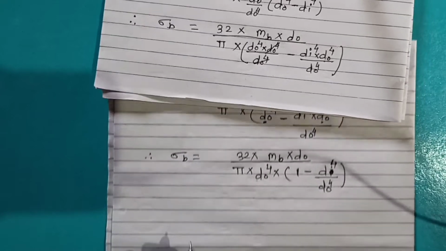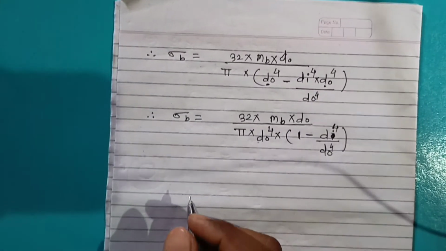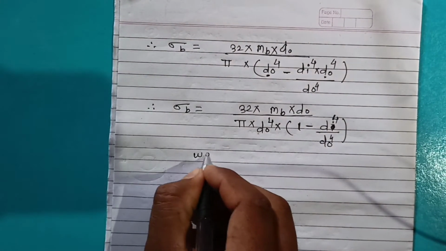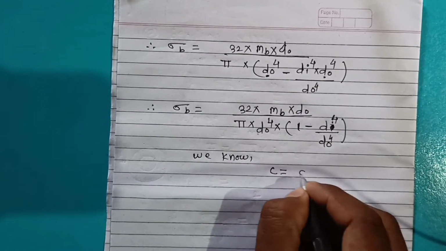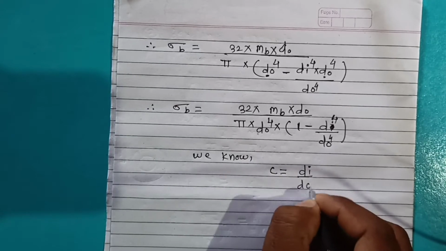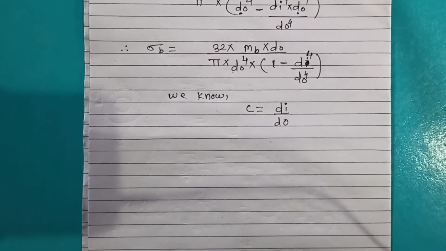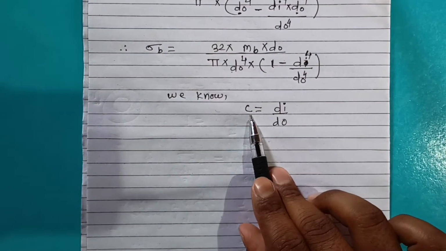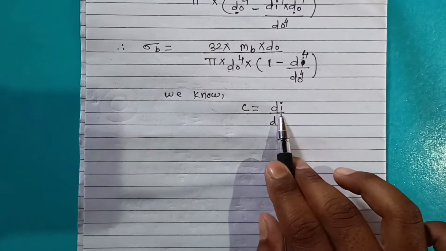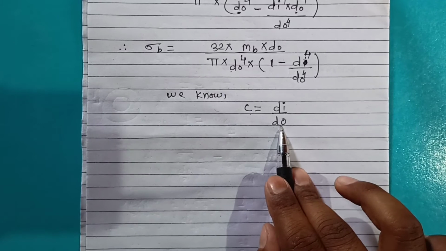Now here we know that C is equal to di divided by do. We know this ratio. C is nothing but a constant, and the ratio of the constant is internal diameter to the external diameter.